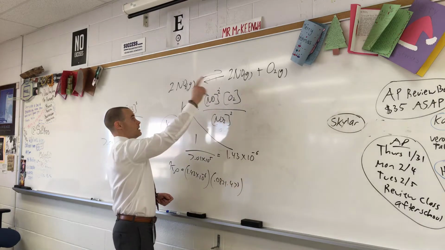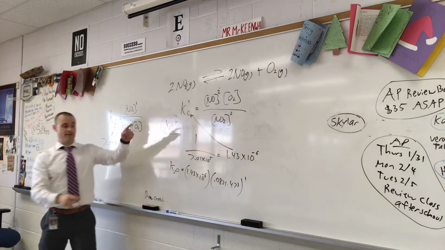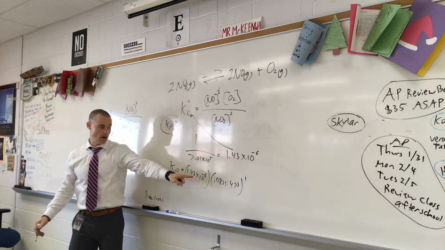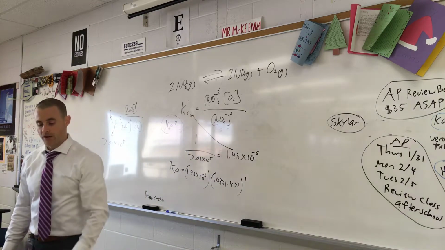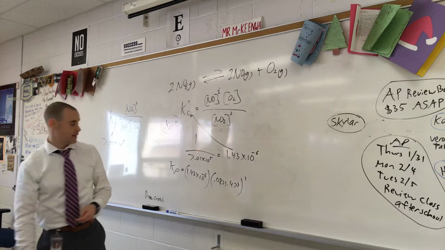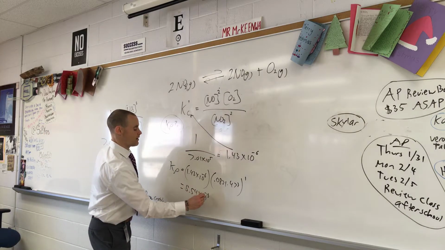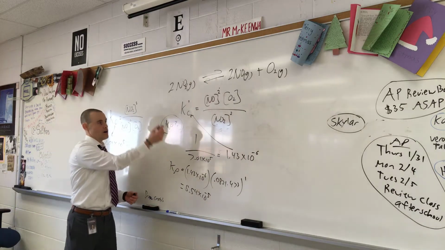Now this time it's 3 minus 2, so that's positive 1, right? Your delta n is different because it's reversed. So this calculation for Kp is 5.54 times 10 to the negative 5th. That's for Kp. Kp, I guess we could say prime.